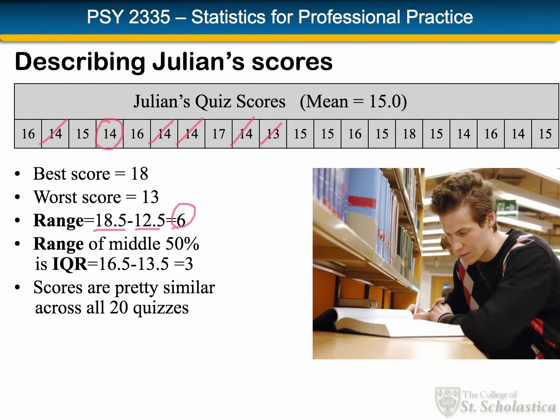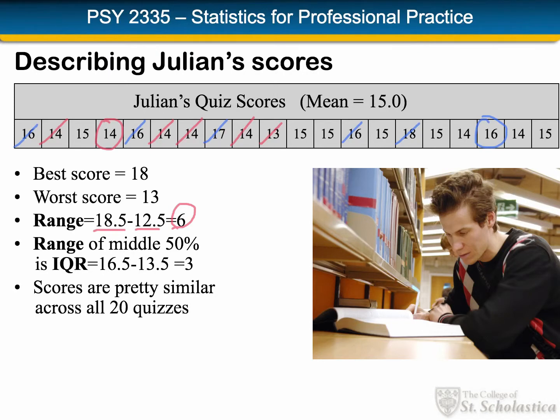We can do the same thing for his upper scores. 18 was his highest score, and then we see he had a 17 and some 16s. And now we've found the top 5 scores that we've eliminated and the lowest 5 scores that we've eliminated. And so the remaining score of 16 will be the top end of his interquartile range to go with the lowest score of 14.